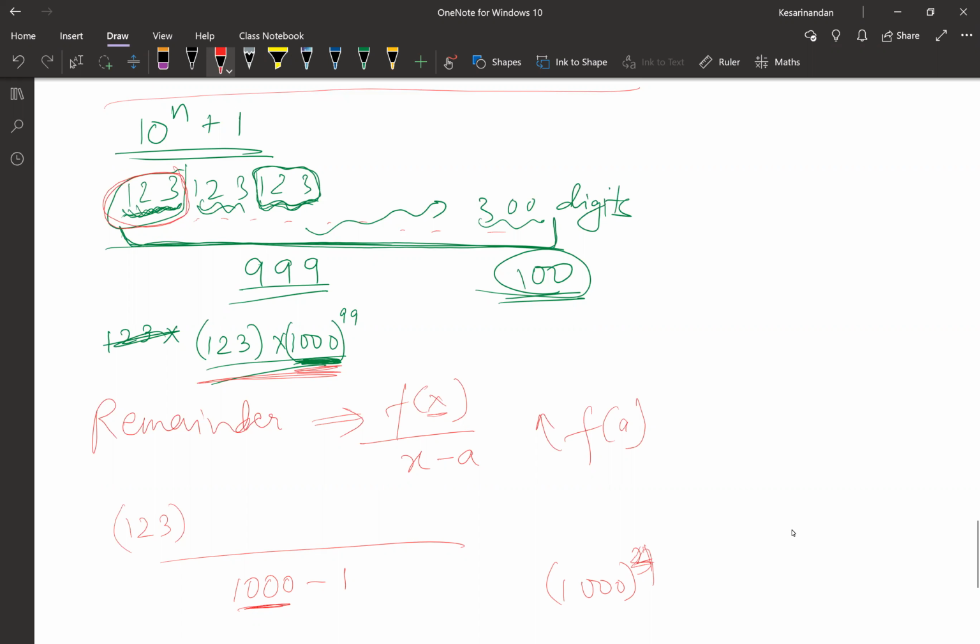How many zeros are there in front of the first 123? 297. How can we get 297? 300 minus 3, because 300 digits are there. Can we get it this way? Yes, 993. So was I correct here?